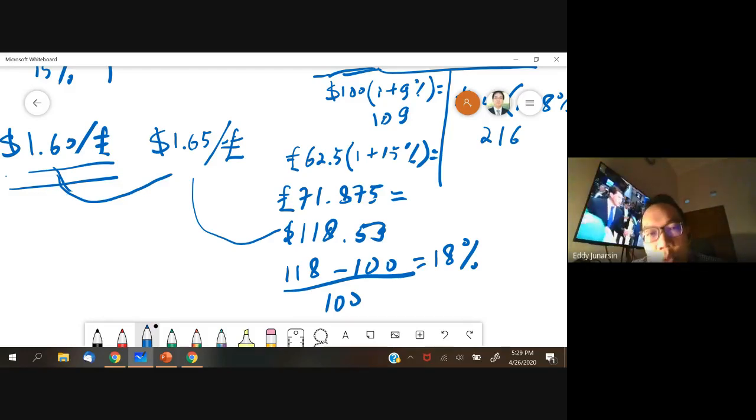If you do nothing in this context, you're speculating because you just hope that the exchange rate will remain the same, or even that the pound would appreciate, such as in the third scenario here. But if the pound depreciates, you will lose money from this transaction because you do nothing.